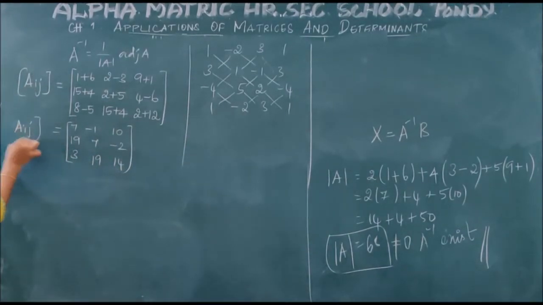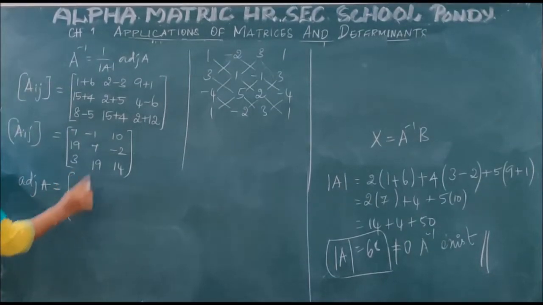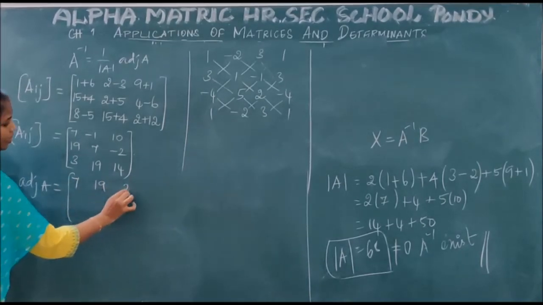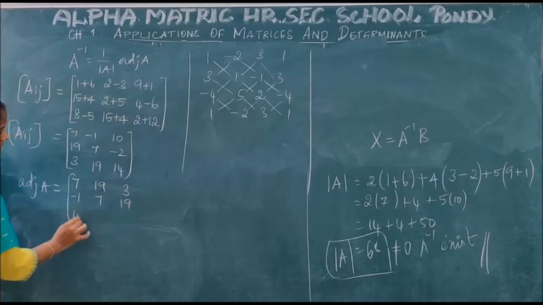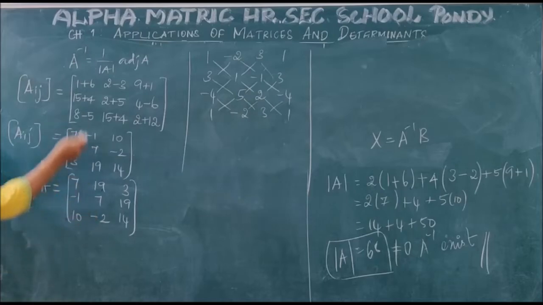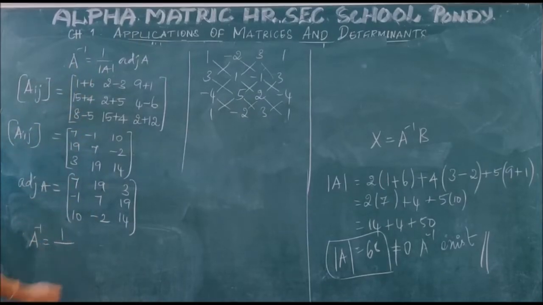Then adjoint of A is equal to the transpose of this matrix, that is 7, 19, 3, minus 1, 7, 19, 10, minus 2, 14. Now just substitute this here, and A inverse is equal to 1 by determinant of A. What is our determinant value?